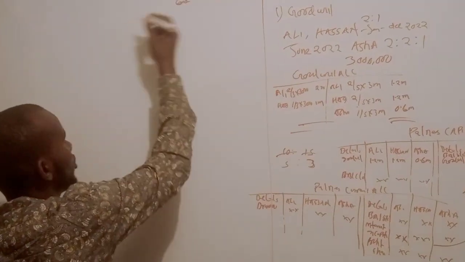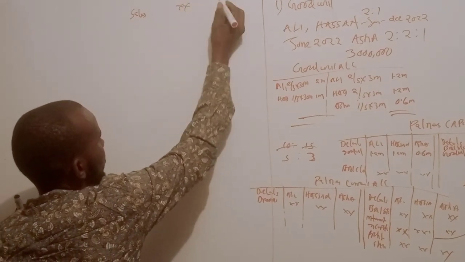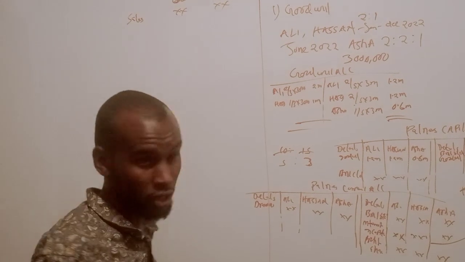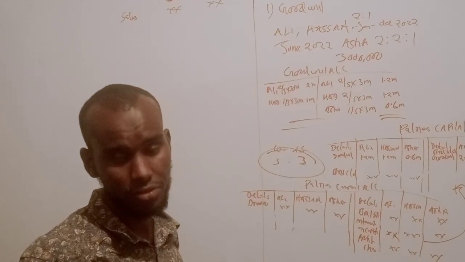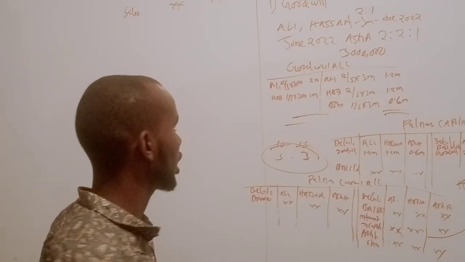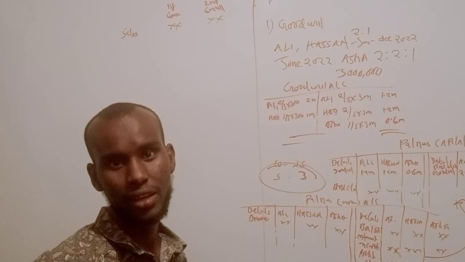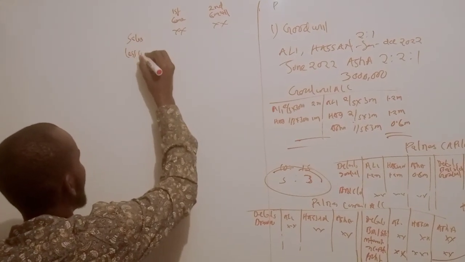Now, normally we start with the sales. You get the sales for the first 6 months and the sales for the next 6 months, using this ratio. If they are told that the sales will be on that ratio, you simplify and get the sales. From this sales, now you less the cost of sales.